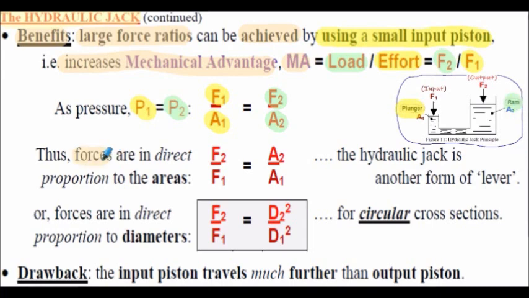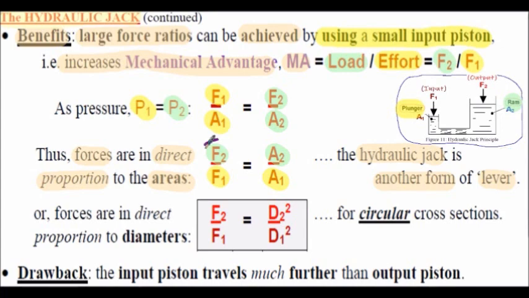So the forces can be shown to be in direct proportion to the areas. Rearranging the above equation, we can write F2 divided by F1 is equal to A2 divided by A1. And essentially the hydraulic jack is really another form of lever. As I said, we reviewed the lever in a previous presentation.